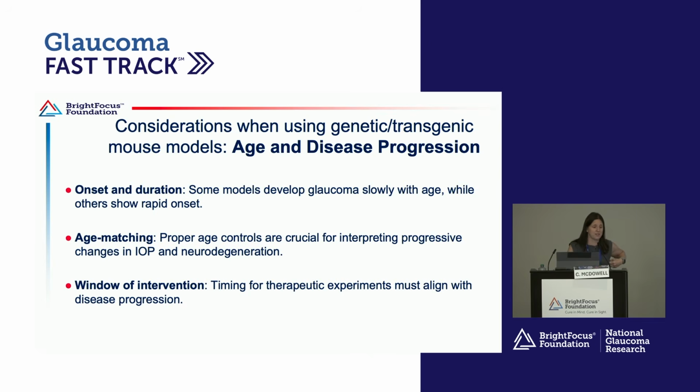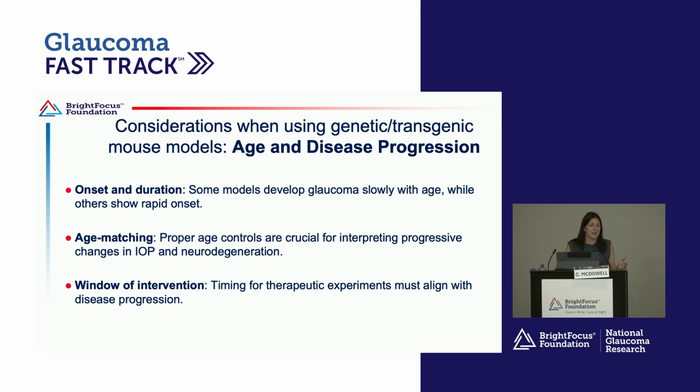So another important consideration is age and disease progression. Some models develop glaucoma really slowly and progressively over time, while others show a really rapid onset. As Becky pointed out, the best model is the one that can address your hypothesis. So a rapid onset model might not be appropriate for the question that you are asking.